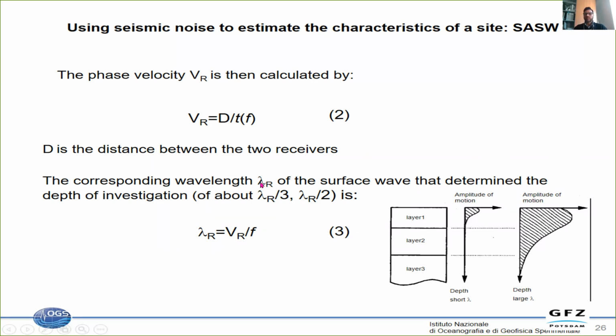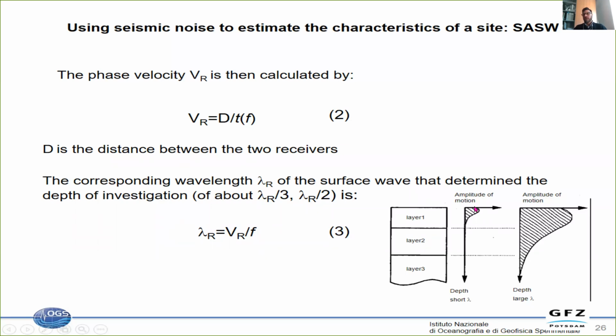If we consider the wavelength of a signal as calculated from the velocity divided by the frequency, we know that longer wavelengths, so lower frequency, you see here, are propagating deeper inside the Earth, and generally they have a depth of investigation that depends on the wavelength divided by 2 or the wavelength divided by 3. We can immediately understand why we have this dispersion of Rayleigh waves.